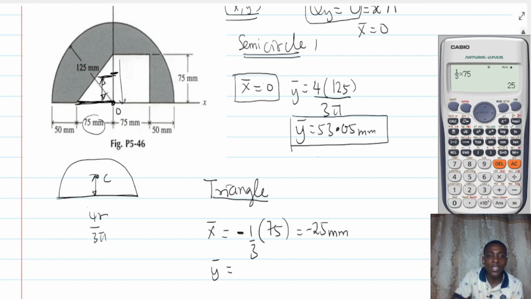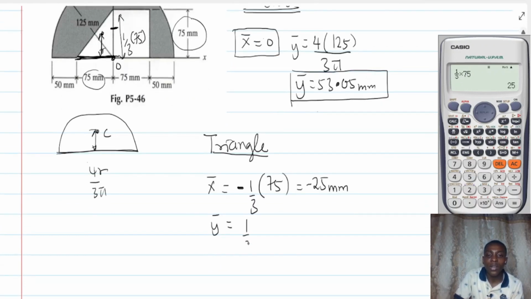If the whole of this distance is 75, then the centroid will be at a distance 1/3 of 75 from the base. So in other words, the centroid along the y is a distance 25. Again, don't forget that 1/3 of 75 is 25 millimeters. Okay, so I have my x bar and my y bar.